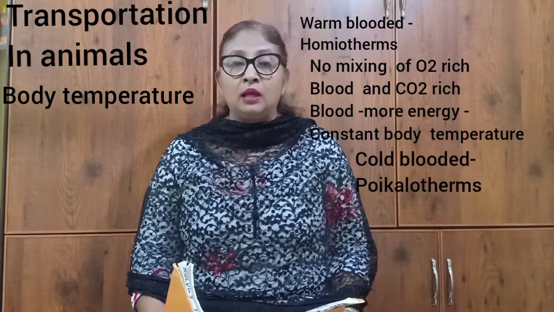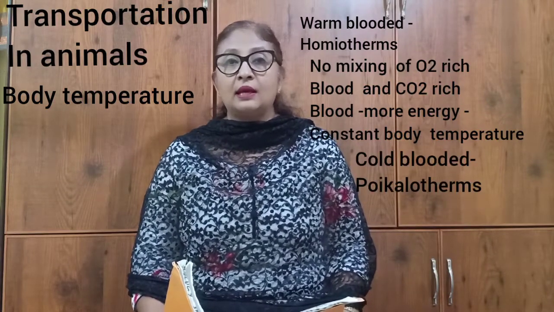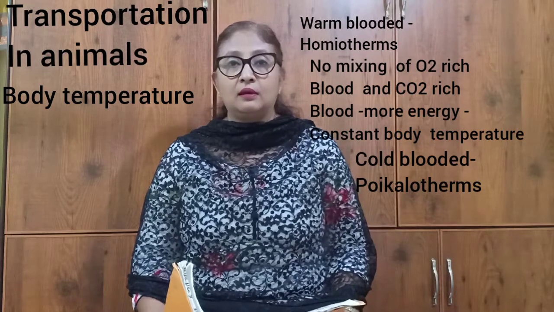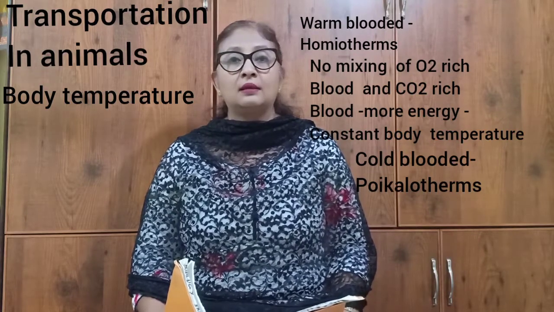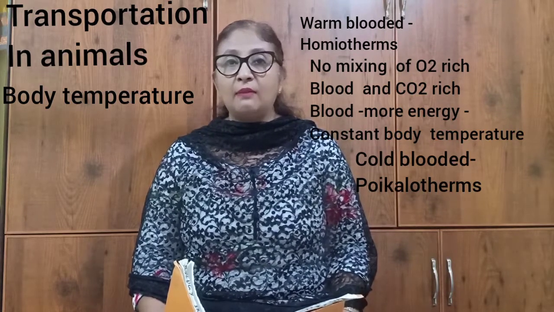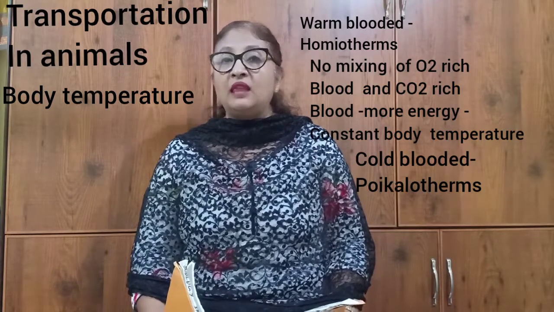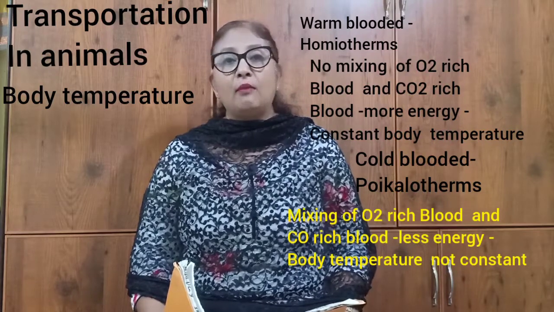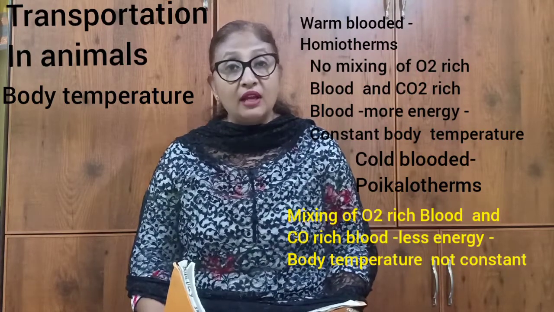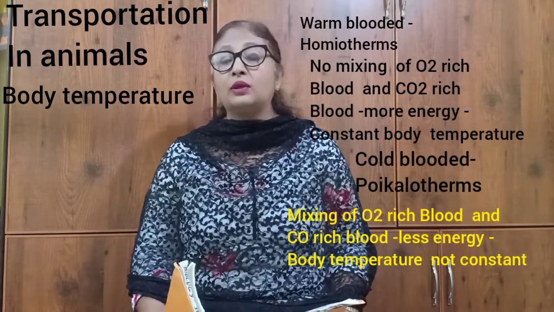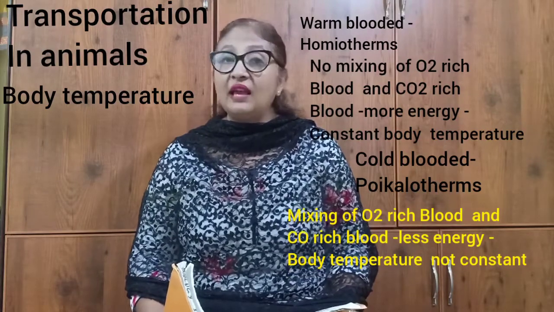While in amphibians, reptiles and fishes, they are known as poikilotherms. That means cold-blooded animals. They cannot maintain a constant body temperature. Their body temperature varies according to the conditions of the atmosphere.